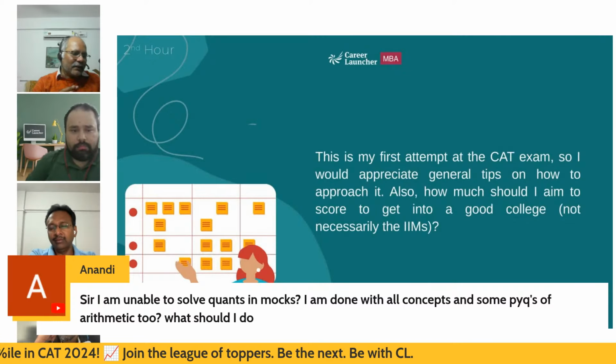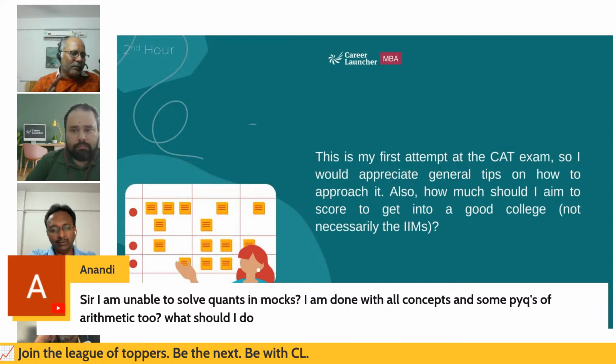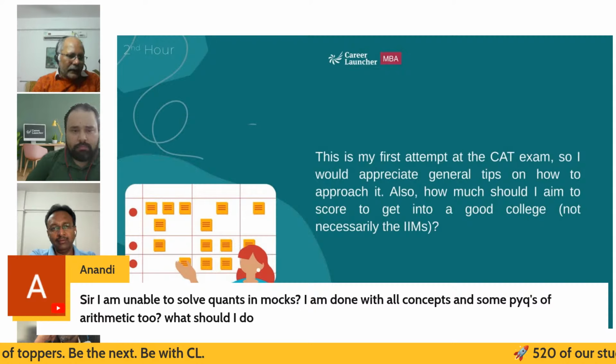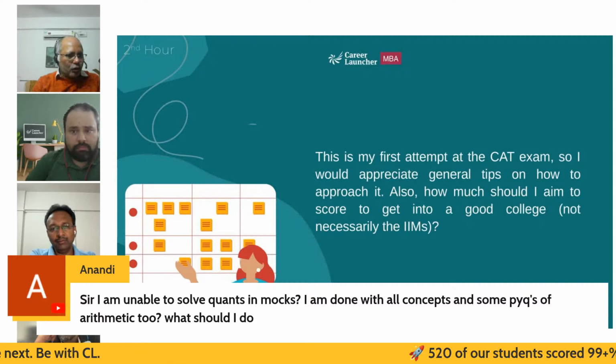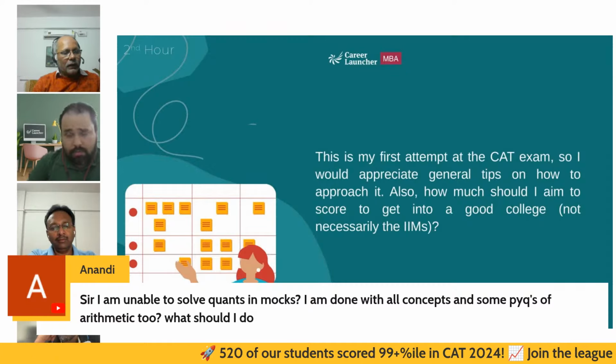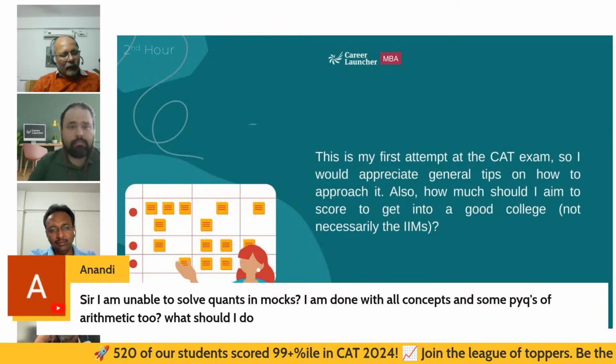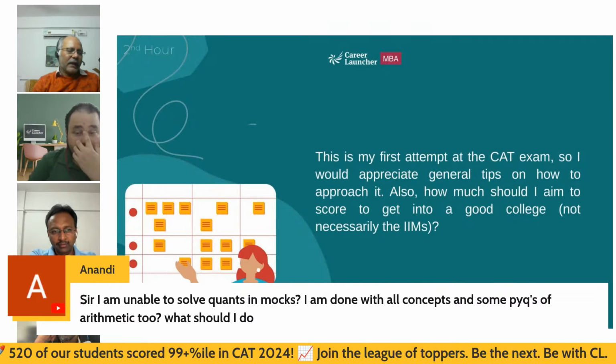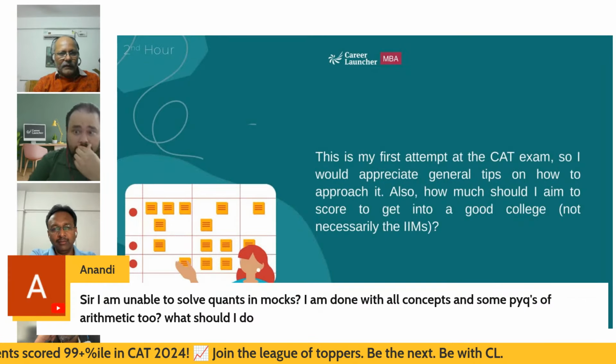So my suggestion is pick areas of comfort, pick arithmetic, algebra, just make sure that you revise them thoroughly. That will help you score probably at least 6 to 7 questions in CAT. Anything you want to add?